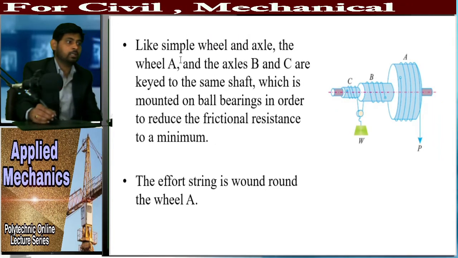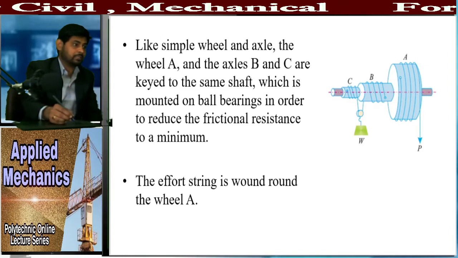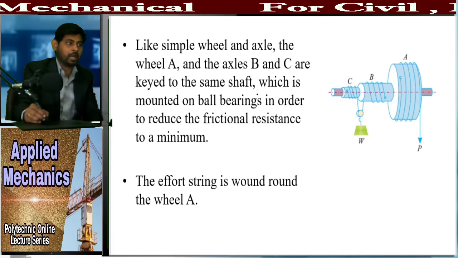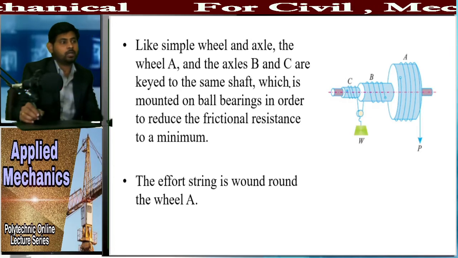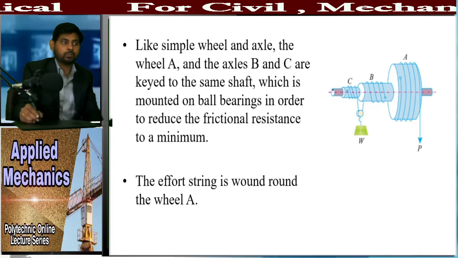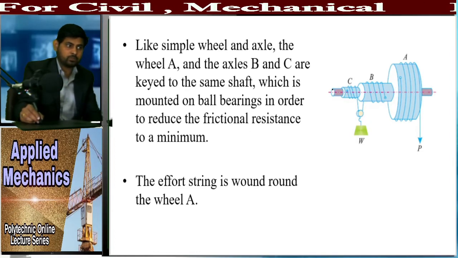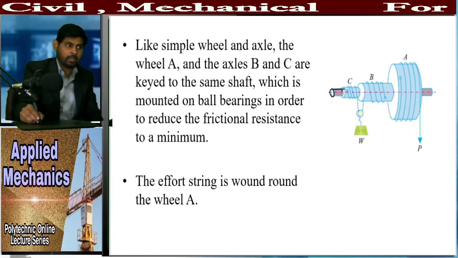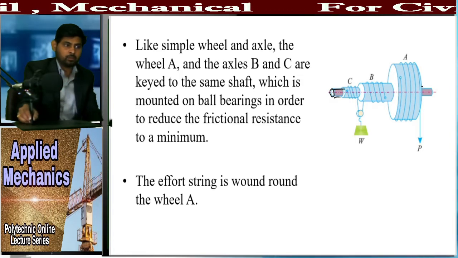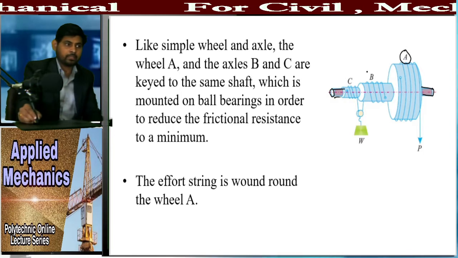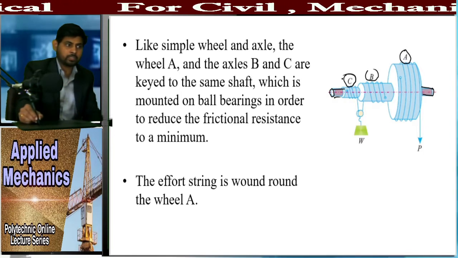Like the simple wheel and axle, the wheel A and the axles B and C are keyed to the same shaft. Similar to the simple wheel and axle, this is your shaft, and on this single shaft our wheel A, axle B and axle C are mounted.